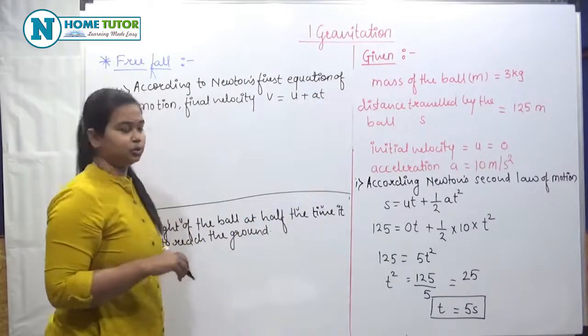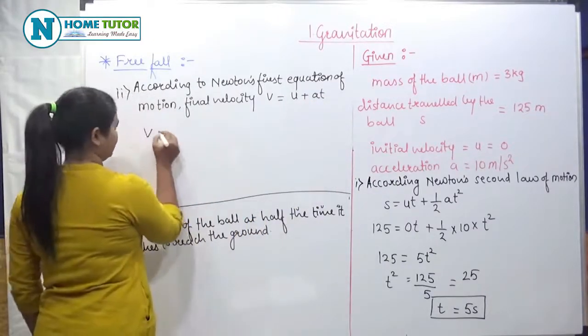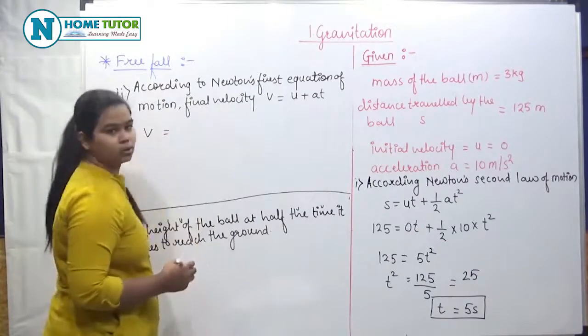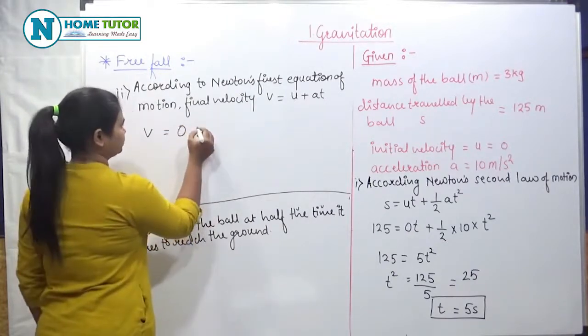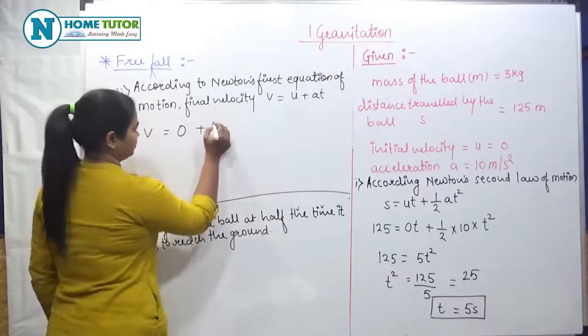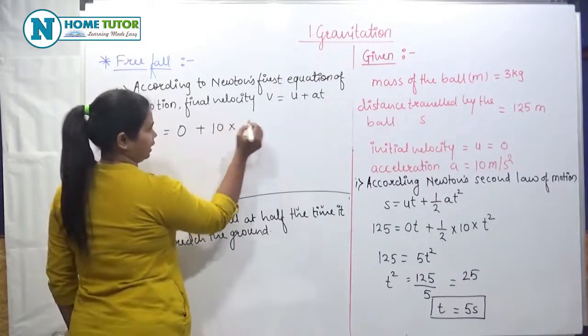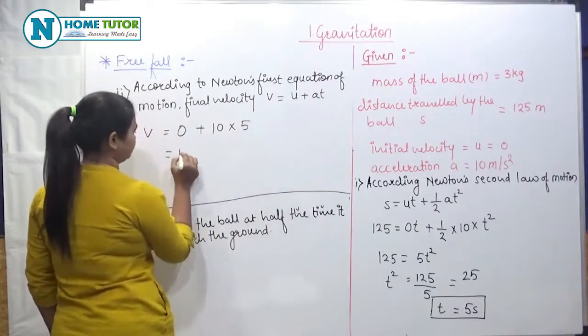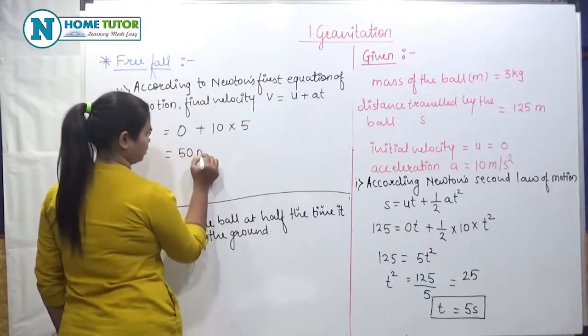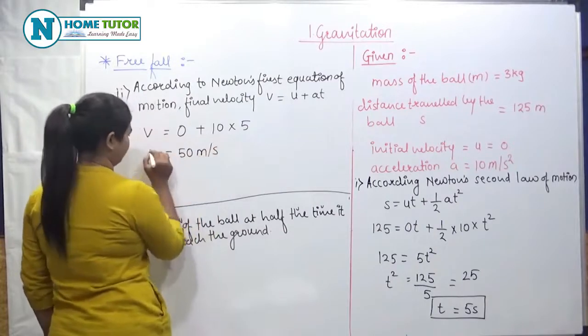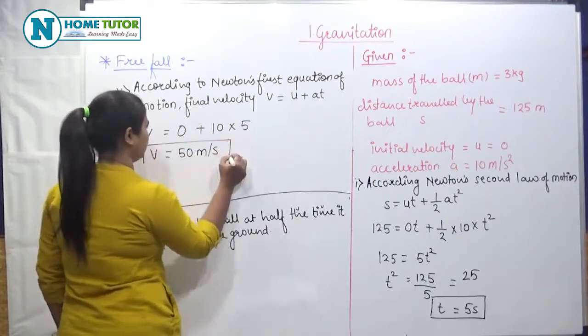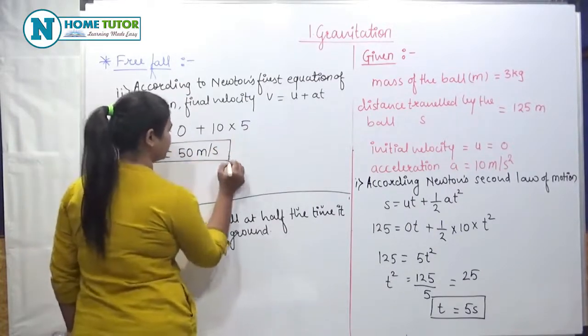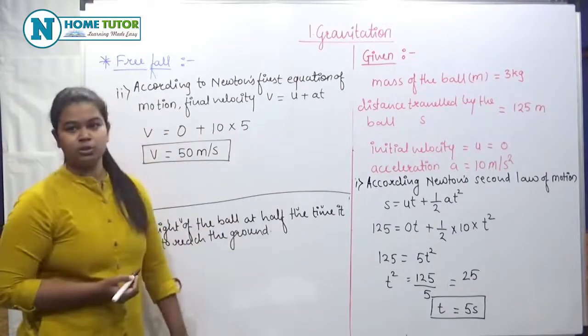So let's substitute the values here now. V is equal to, initial velocity is 0, a is 10 and t is 5, that is 50 meter per second. So the final velocity of the ball on reaching the ground is 50 meter per second.